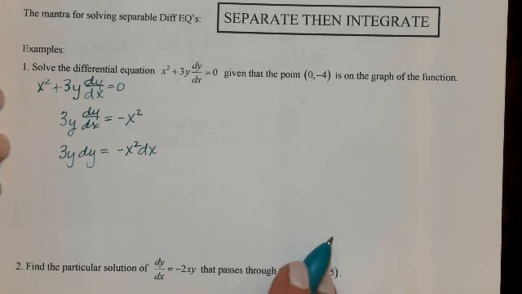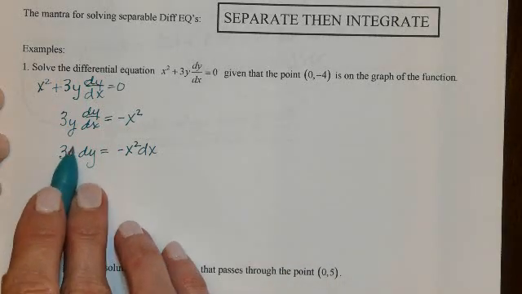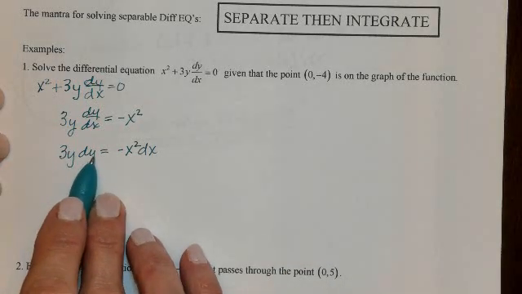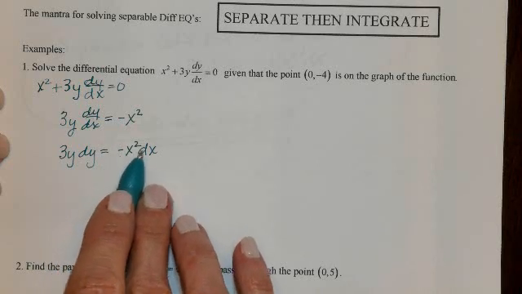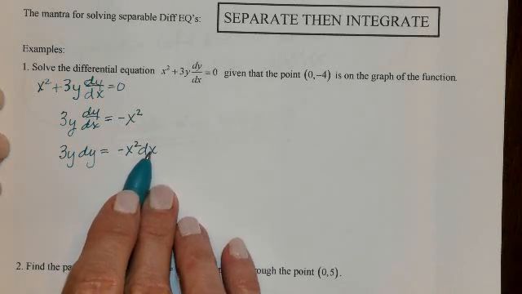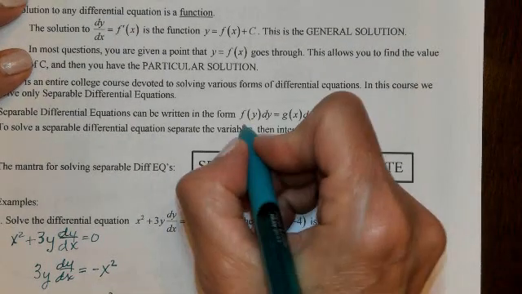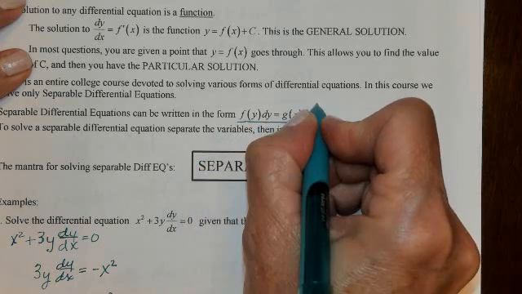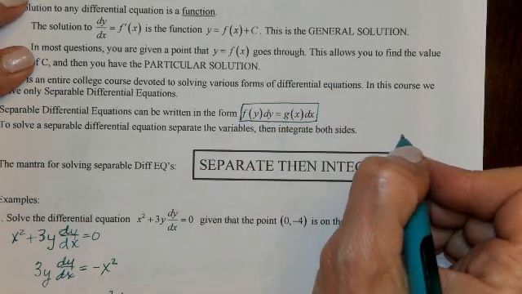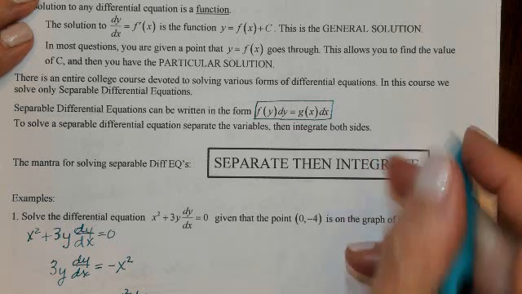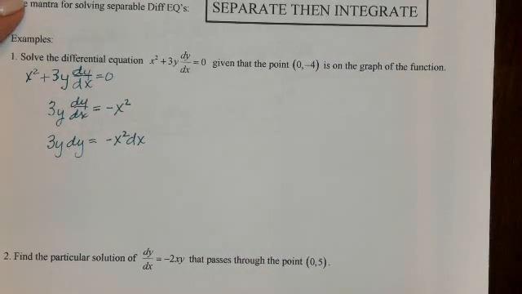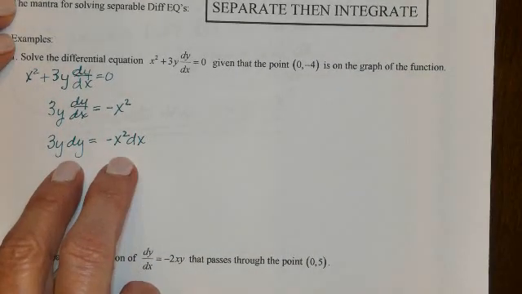Do I have a function of y's times dy is equal to a function of x's times dx? Yes. And that's what we needed. We needed a function of y times dy is equal to a function of x times dx. Okay? So we separated.